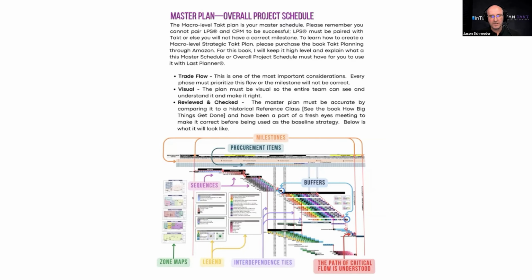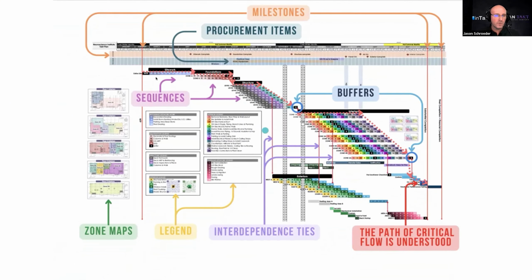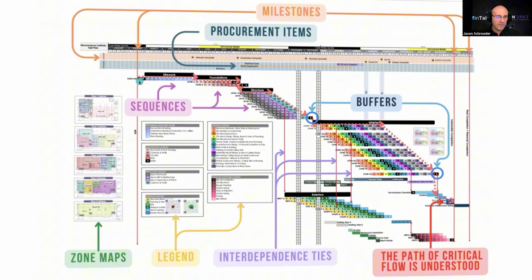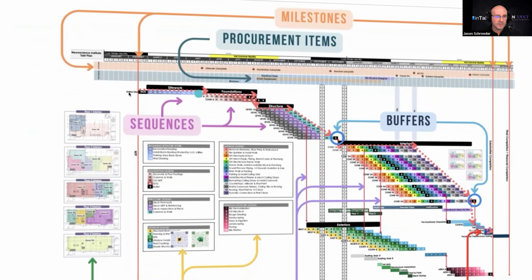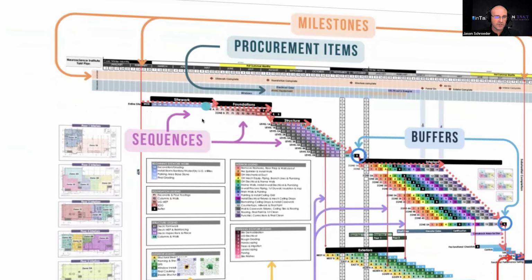Now, the first thing that we need on a project is a master plan. This image is absolutely beautiful. This is called a macro level Takt plan. Remember I said that all construction is preparing a train of trades to move through zones? That's all a Takt plan is showing. We have one zone for the site where we have 4 or 5 trades moving through the site work.